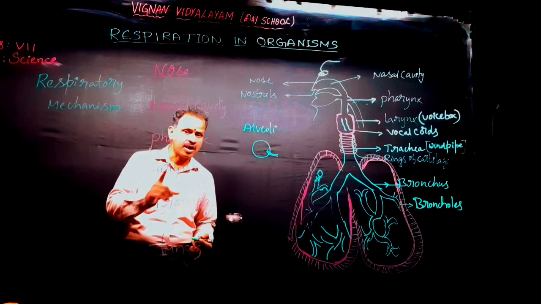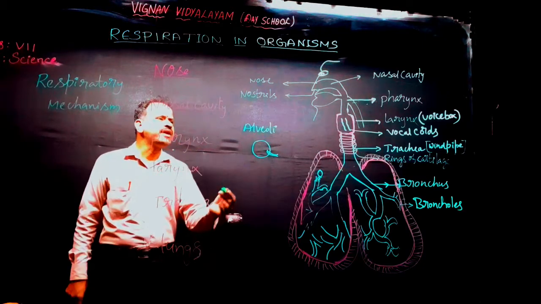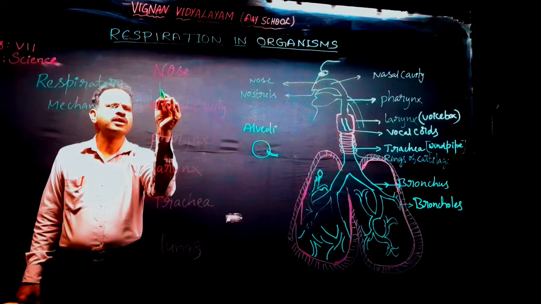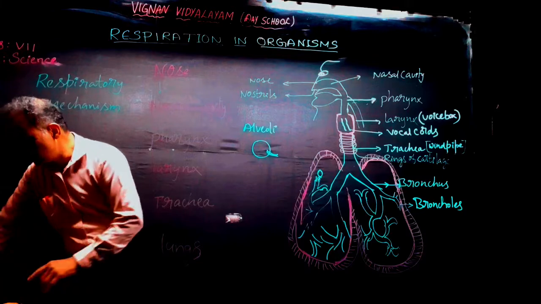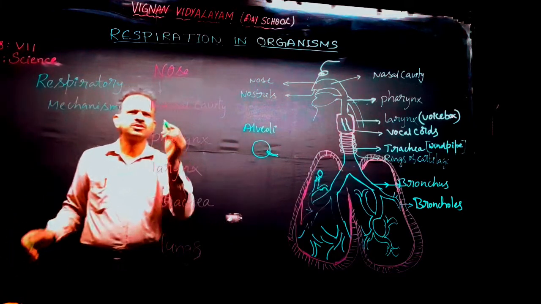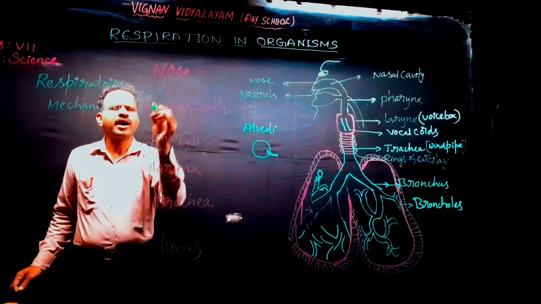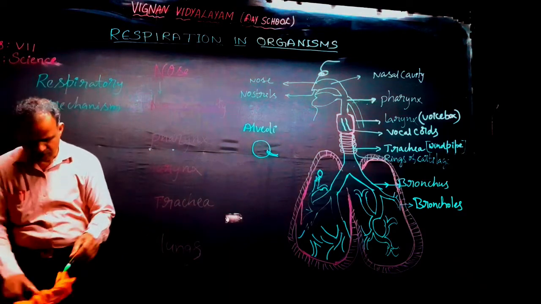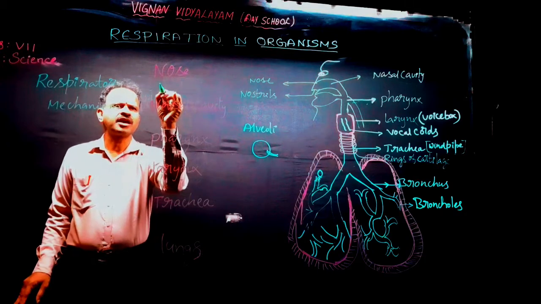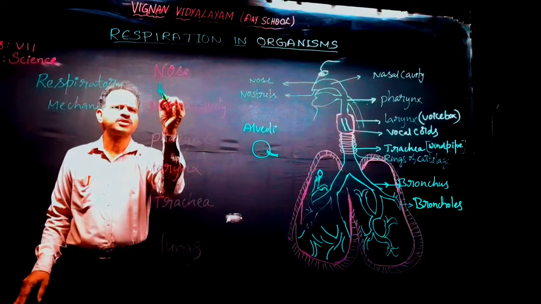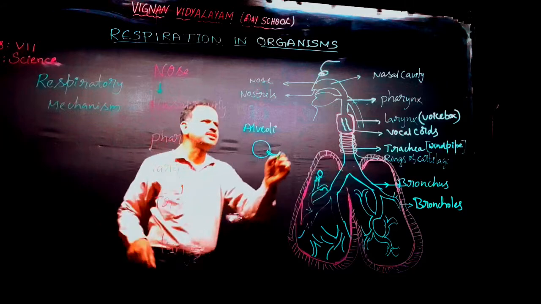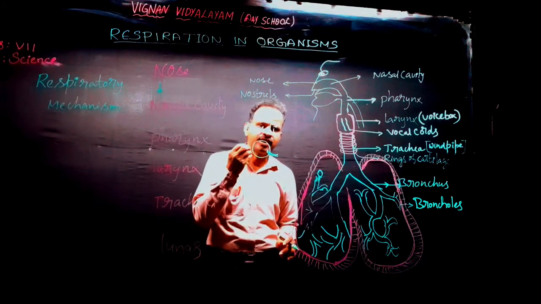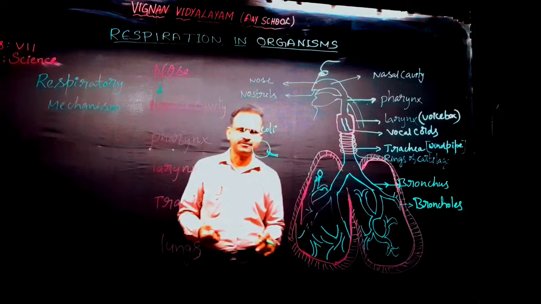So the air, not only oxygen, the air enters into the nose. Then the air from the nose enters into the nasal cavity. If you observe the nasal cavity, there are hair-like structures.